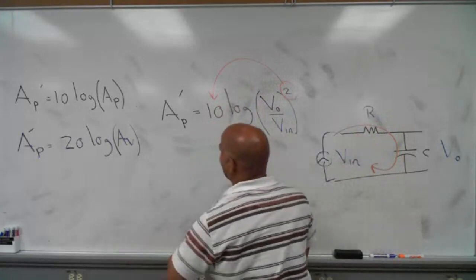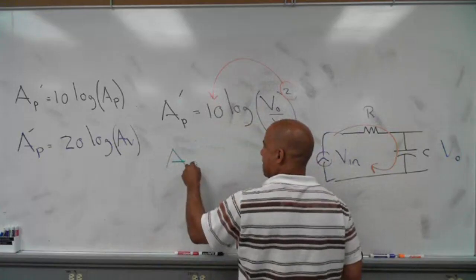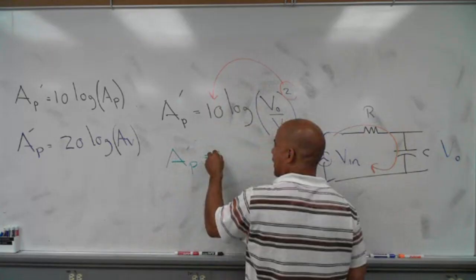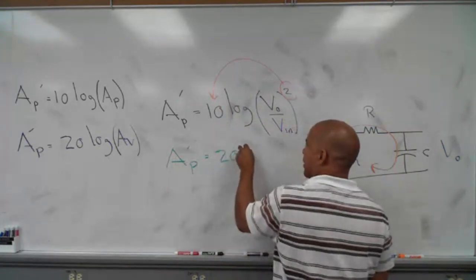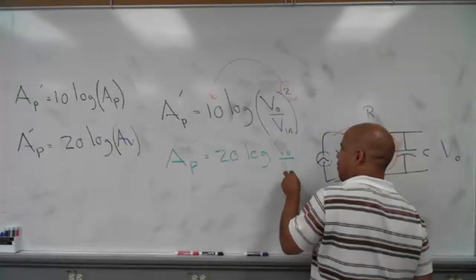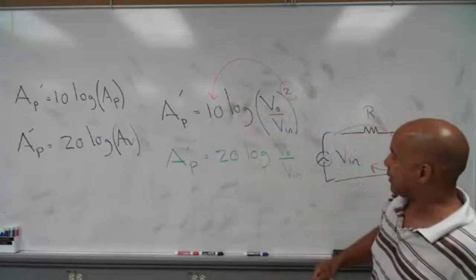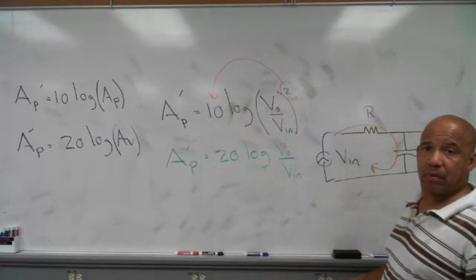So I could write this like this, that decimal power gain is going to equal 20 log V out over V in, right? If I move the 2 in front and multiply to 10, then I have this.